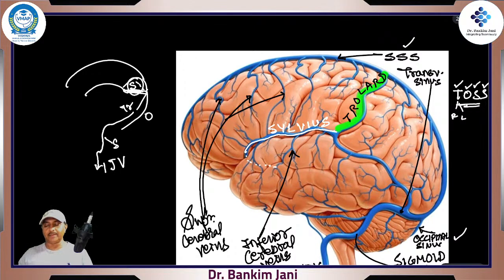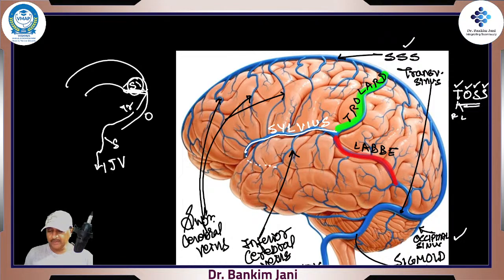Vein of Trolard, right? And then there is another anastomotic vein. This is the vein which we are talking about. This one is called the vein of Labbé. Vein of Labbé. These both are anastomotic veins.